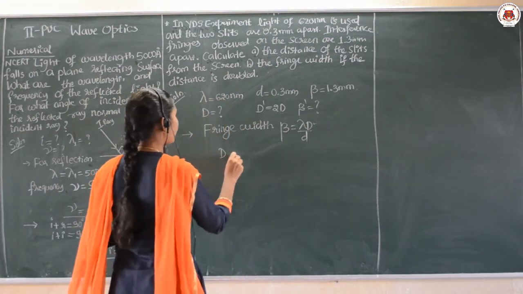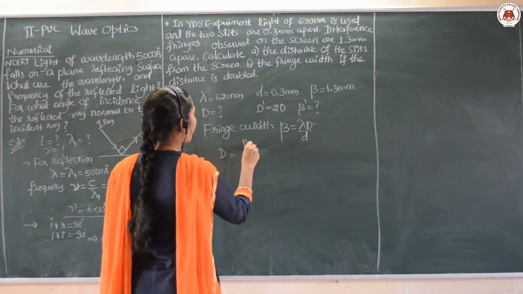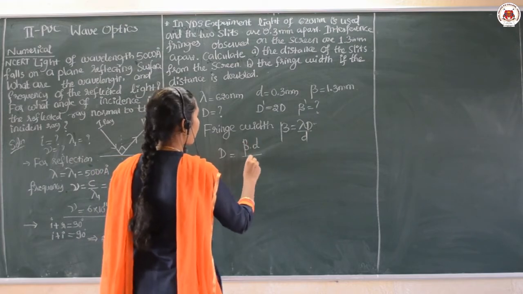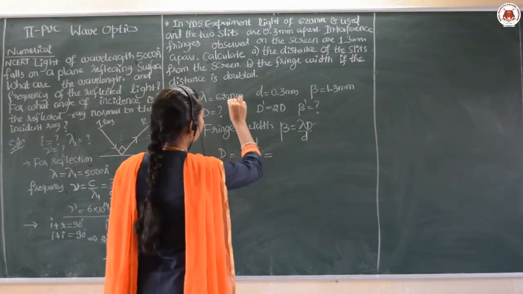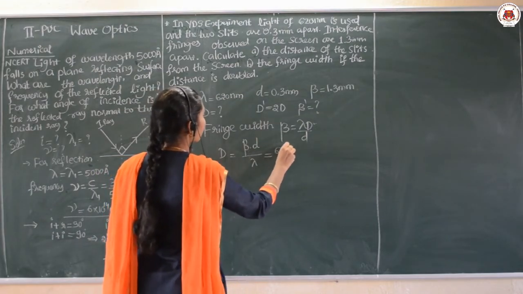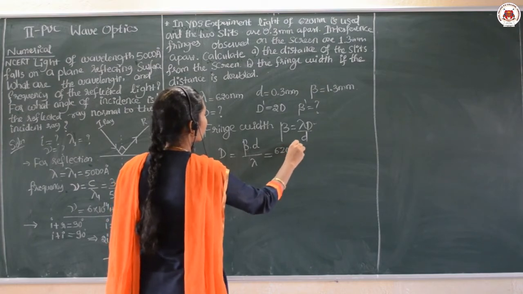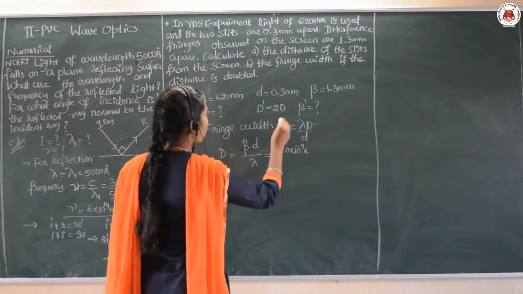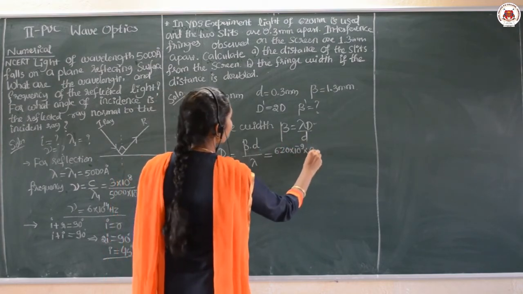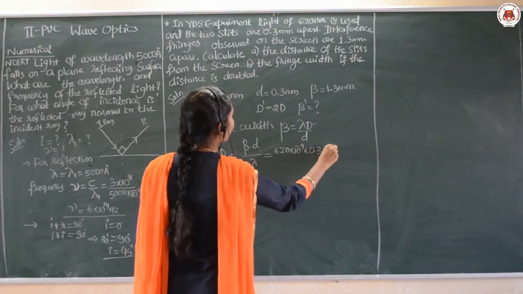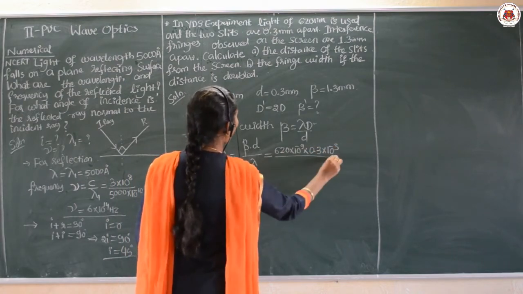So, the capital D is equal to beta into d upon lambda. Substitute the values given here: 620 into 10 raised to minus 9, and small d is 0.3 into 10 raised to minus 3, upon the wavelength.